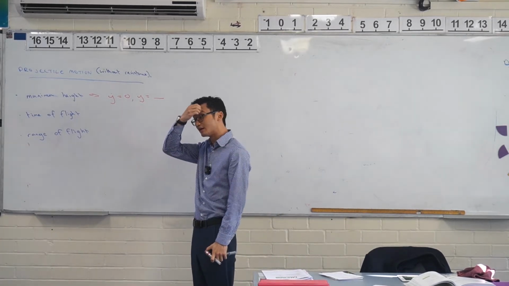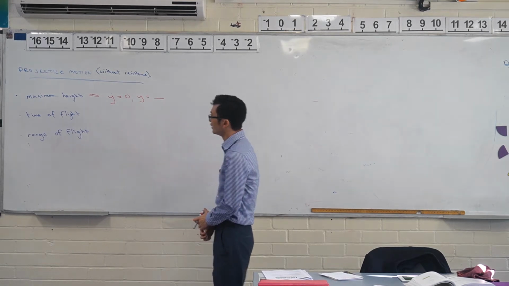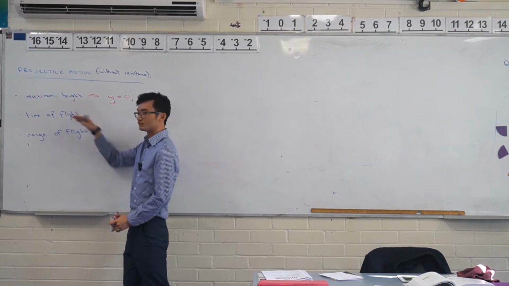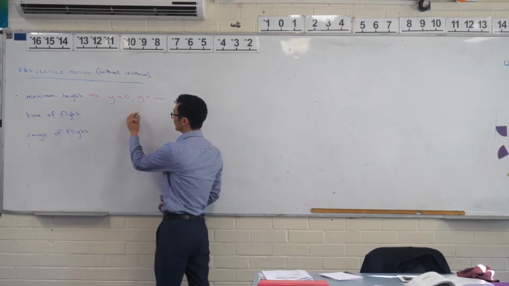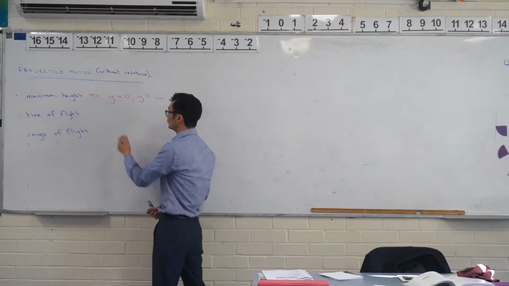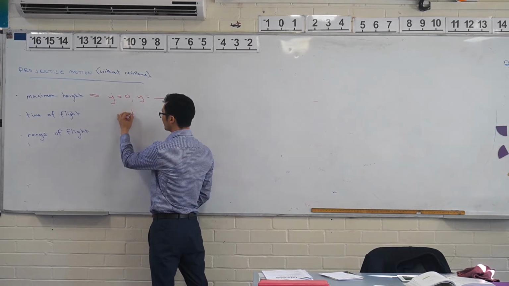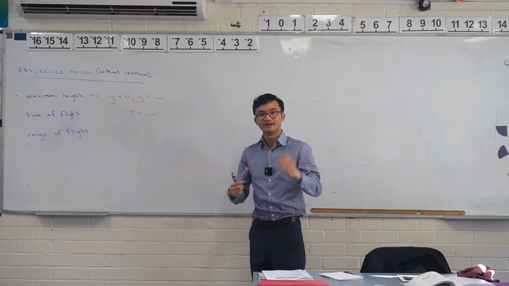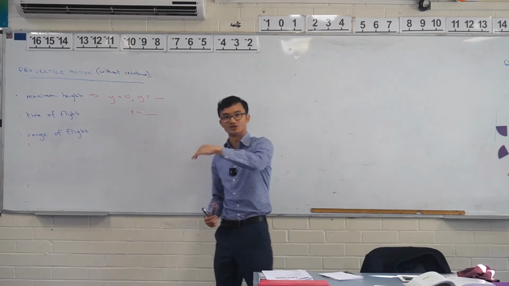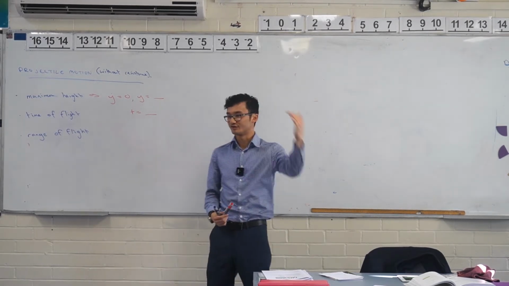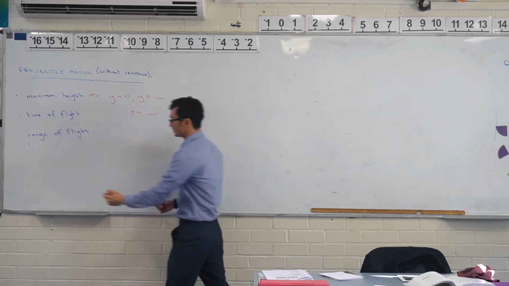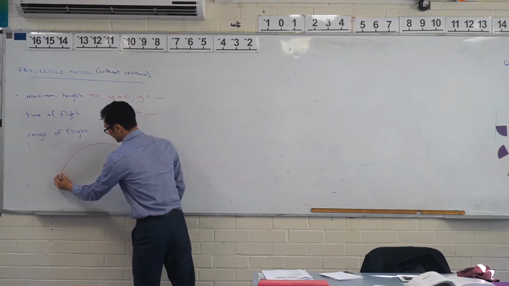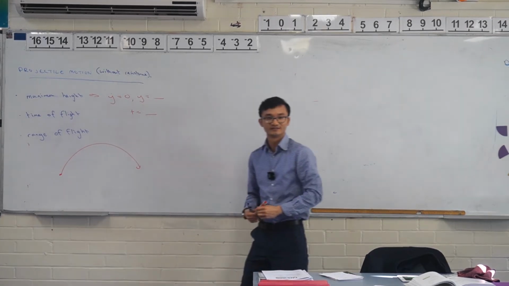Time of flight, similar idea. Time of flight is how long this thing takes to reach the ground again. So what are you actually looking for there? You're looking for a t value. But how do you know when the journey's ended, if we're looking for the time of flight? If it looks like this, how do we know when it ends?